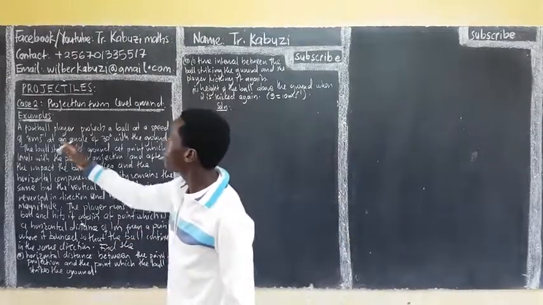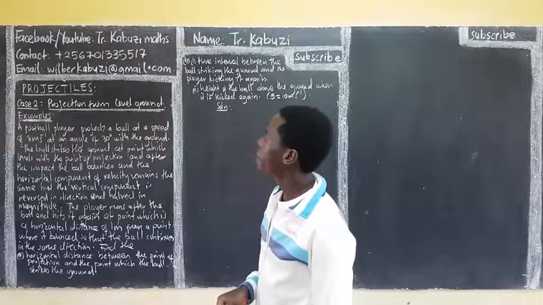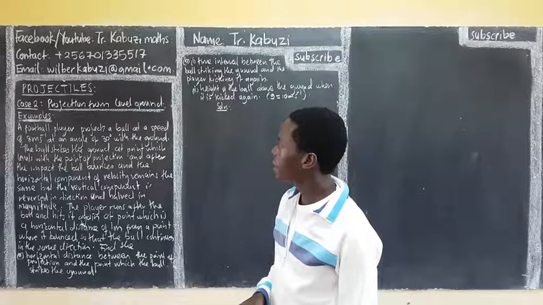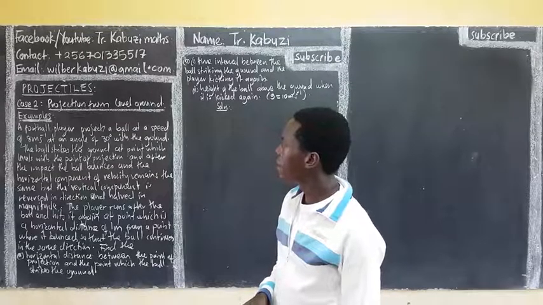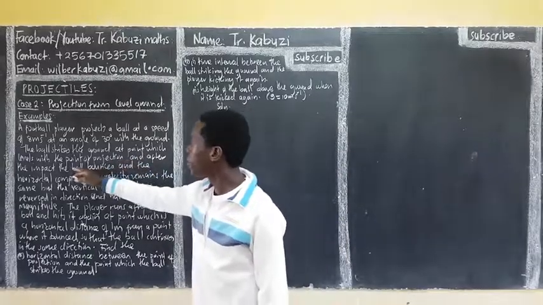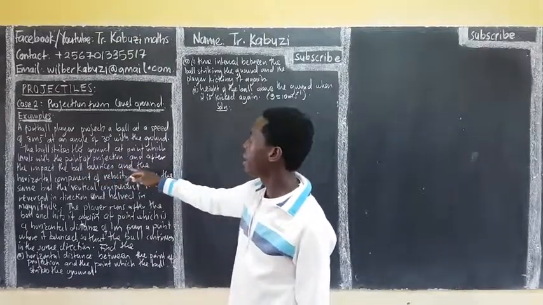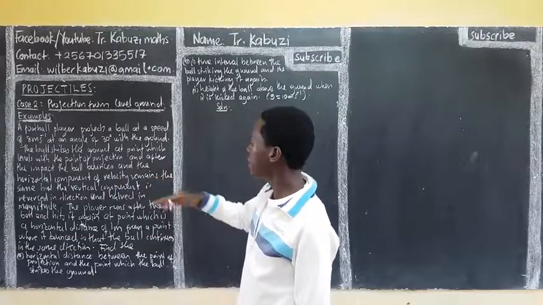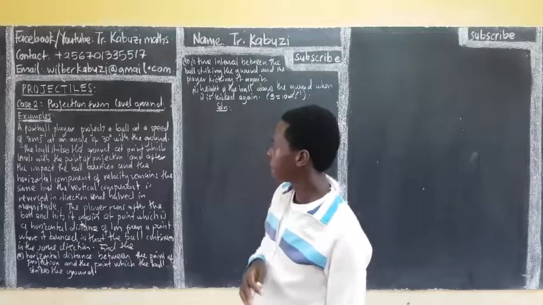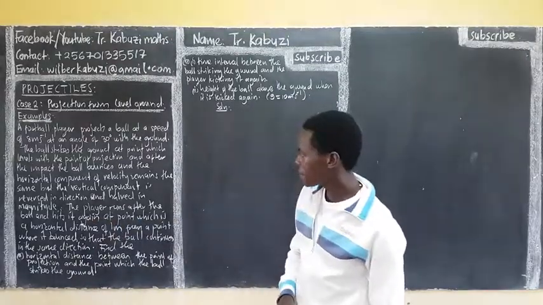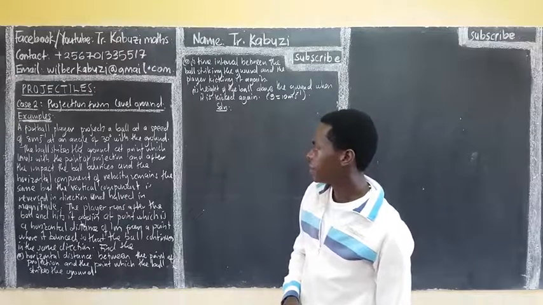So they say a football player projects a ball at a speed of 80 meters per second at an angle of 30 degrees with the ground. The ball strikes the ground at a point which is level with the point of projection, and after the impact the ball bounces and the horizontal component of the velocity remains the same, but the vertical component is reversed and halved in magnitude.